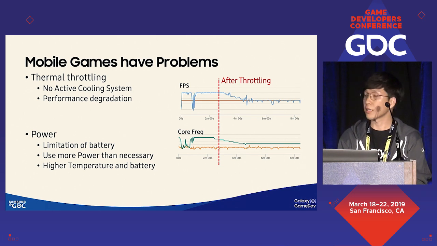As you can see in the right graph, before and after throttling, FPS is dropped sharply and is not stable, and core frequency also decreased.